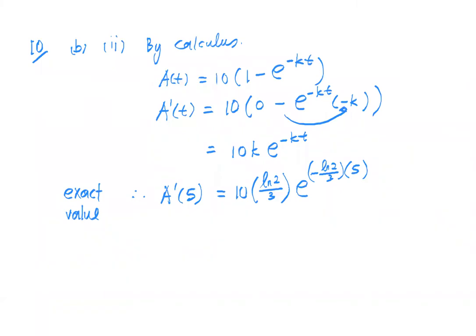Got it? So if I want to write it nicely, it will be 10 ln 2 divided by 3 times e to the power of 5/3 ln 2. That is how you go. So don't worry about the writing as long as you follow the way to write it. Are you okay?